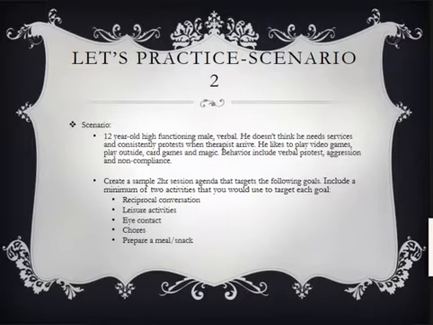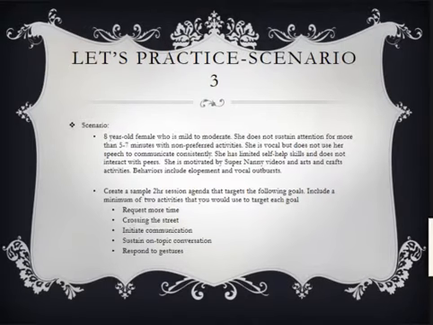Okay. And then you three will have scenario 3. So it's an 8-year-old female who is mild to moderate. She does not sustain attention for more than 5 to 7 minutes with non-preferred activities. She's vocal but does not use her speech to communicate consistently. She has limited self-help skills and does not interact with peers. She's motivated by Super Nanny videos and arts and crafts activities.